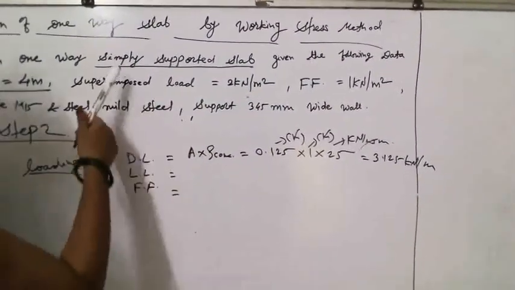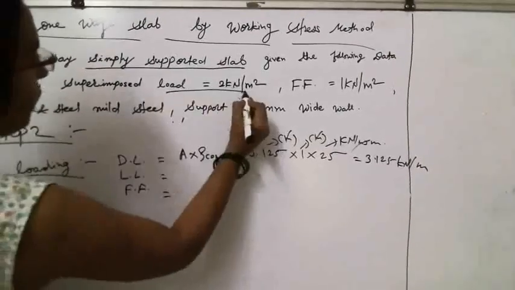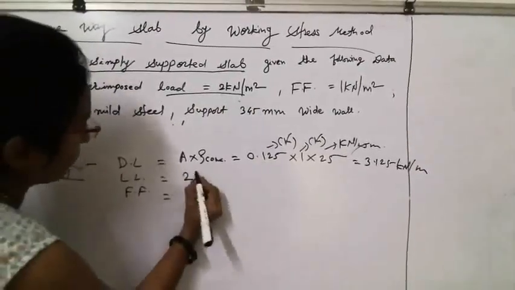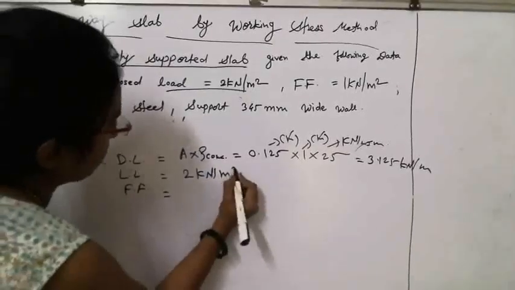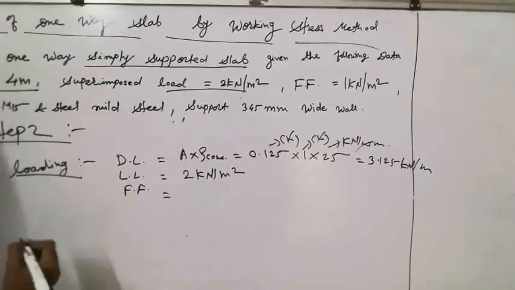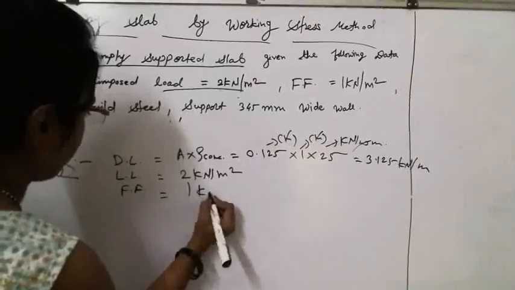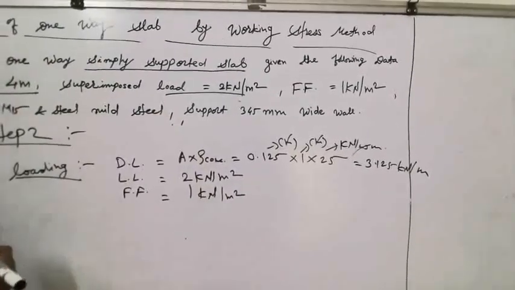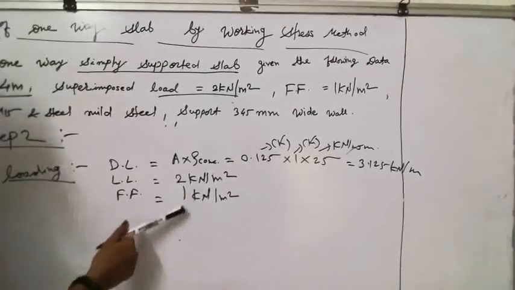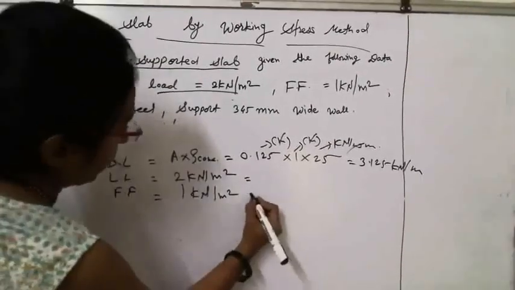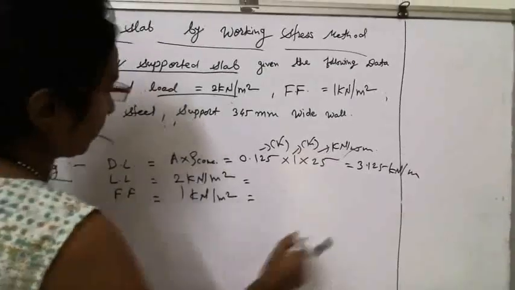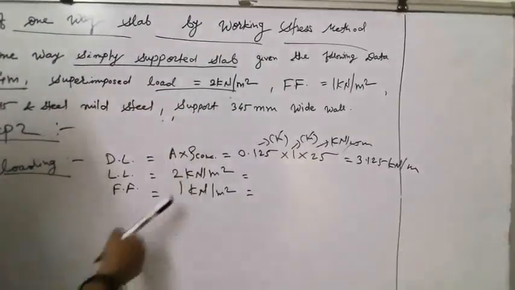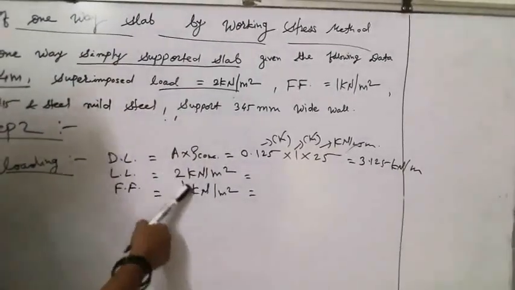Live load is given, superimposed load 2 kilonewton per meter square. And floor finish is 1 kilonewton per meter square. Now, these two we have to take in kilonewton per meter, so divide this value by 1 meter.